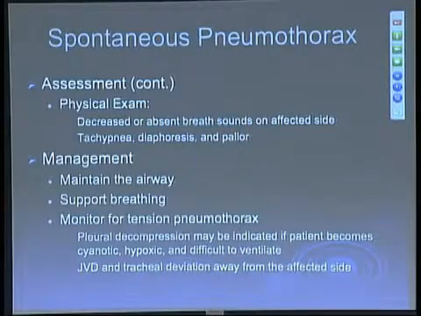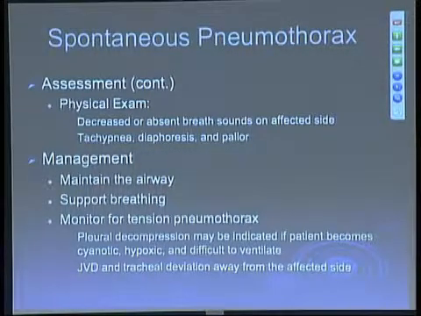Now, you could perhaps encourage a tension pneumothorax by using positive pressure ventilation at that point, because you've got a pleural space. Normally the lung is working under negative pressure.